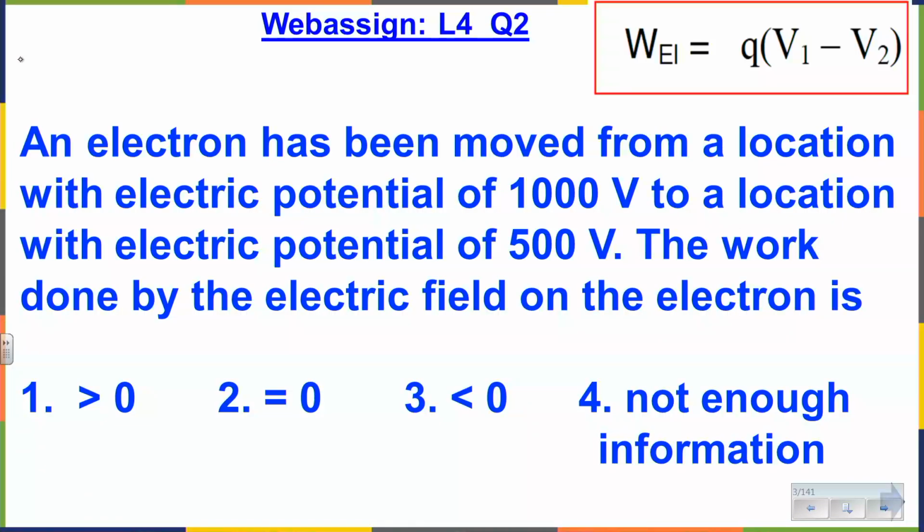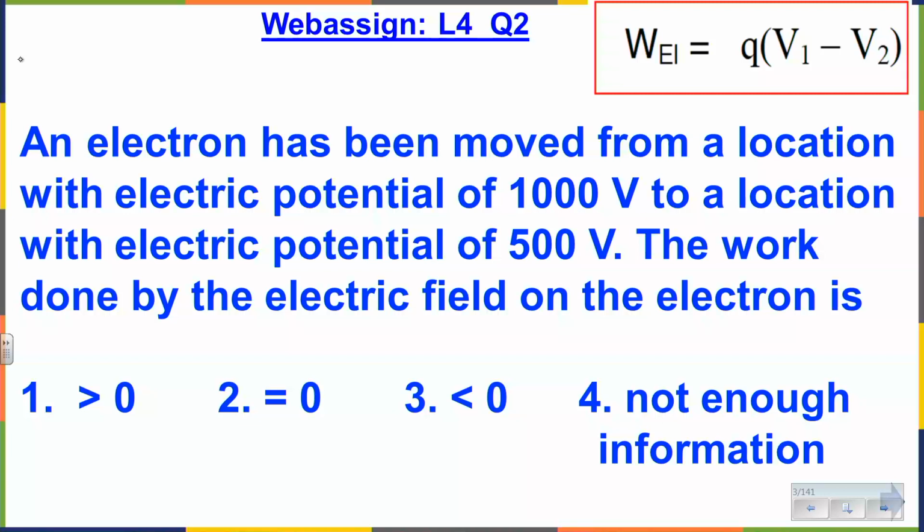And a question to you is about work done by electric field on an electron when the electron has been moved. How? We don't care. Maybe it was magic. Maybe someone physically moved it.